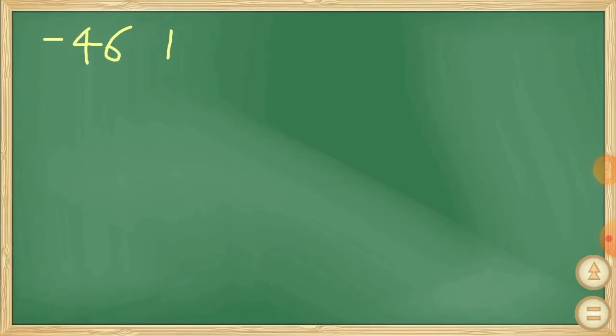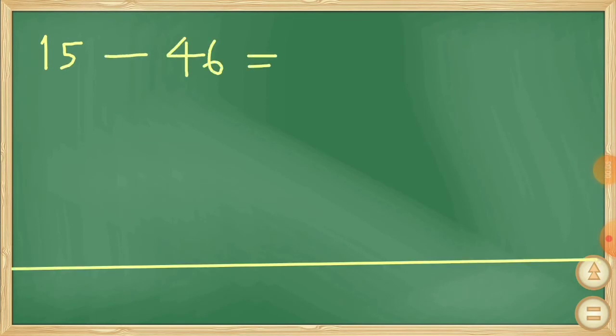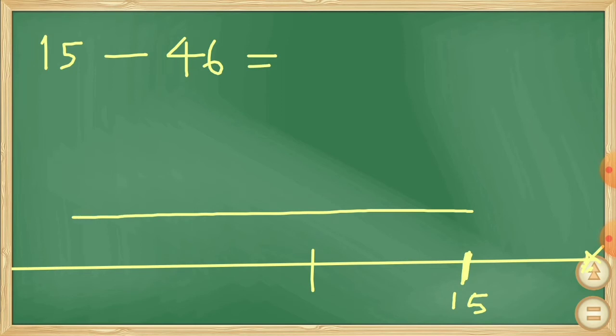Moving on, let's take another example, 15 minus 46. What we are going to do is draw a number line and locate 15 on the number line. That would be 15 units from 0. And since 46 is subtracted, that is it has a minus sign, that means we have to move 46 units left of plus 15.